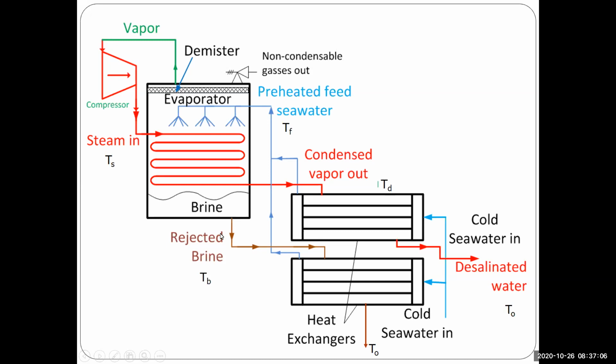This way you have a couple of streams which are leaving the evaporator at relatively high temperature. The distillate, which is leaving at the saturation temperature, and the brine, which is leaving at the saturation temperature as well. The difference between them is just a few degrees in centigrade or Celsius. These hot streams that are leaving the evaporator are being used so that they can preheat the feed water which is coming.